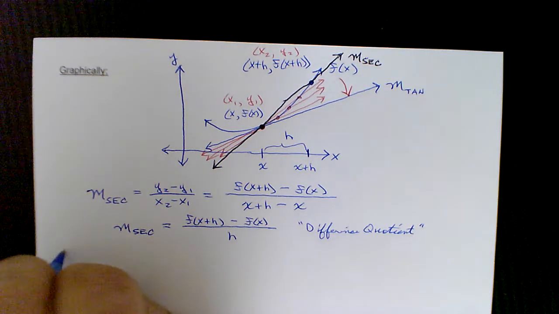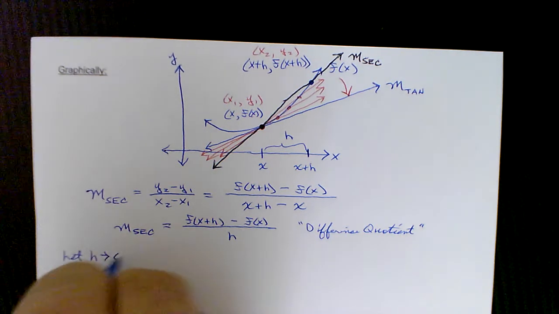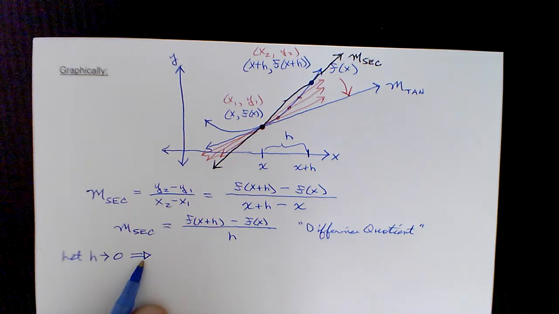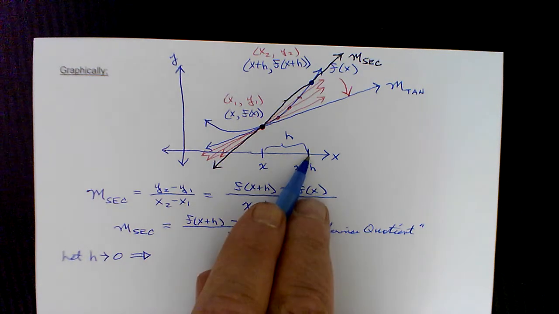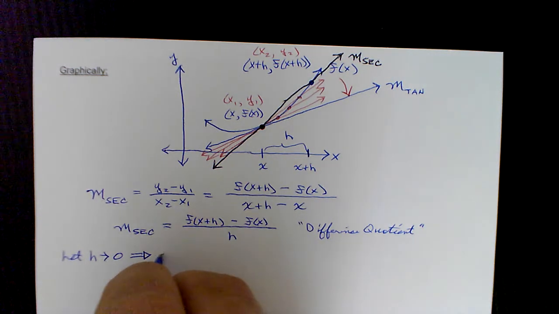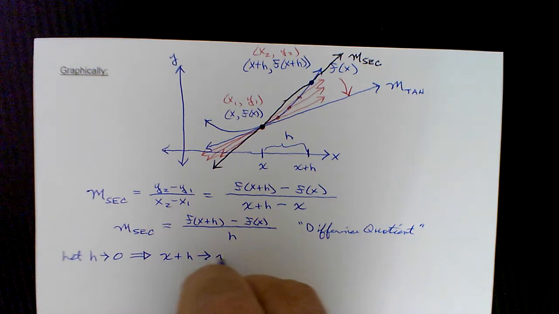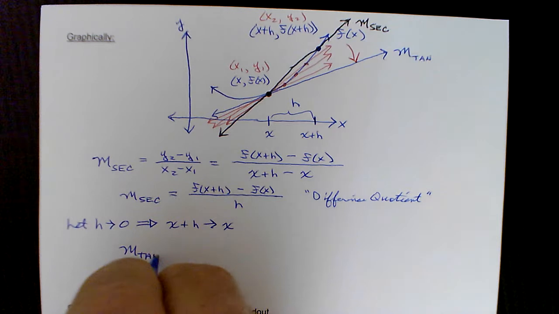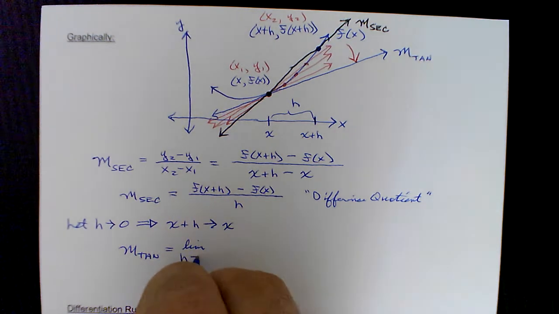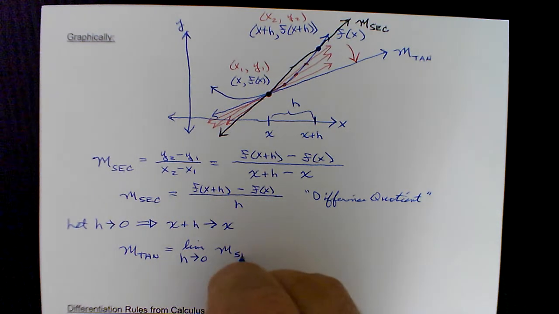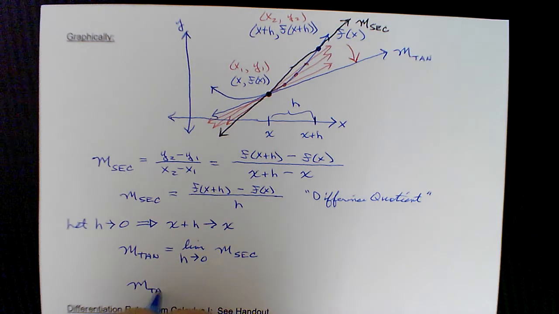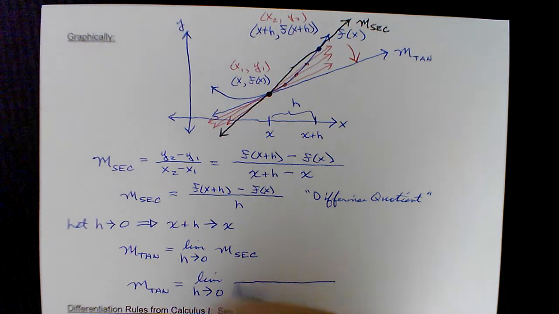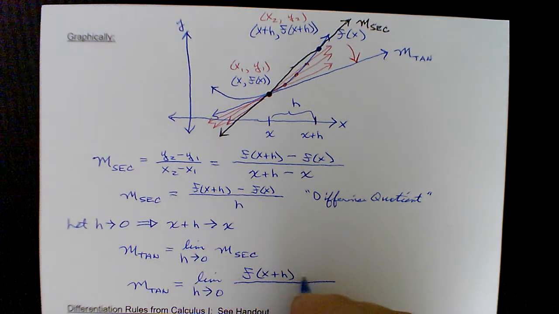Let's say now let h approach 0, which implies, I'm going to be using these arrows to mean implies or then, if h is tending towards 0, then x plus h is tending toward x, and the slope of the tangent becomes the limit as h tends toward 0 of the slope of the secant, which is the limit as h tends toward 0 of our difference quotient, f of x plus h minus f of x all over h.